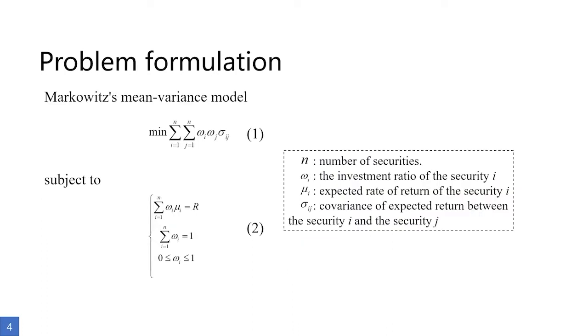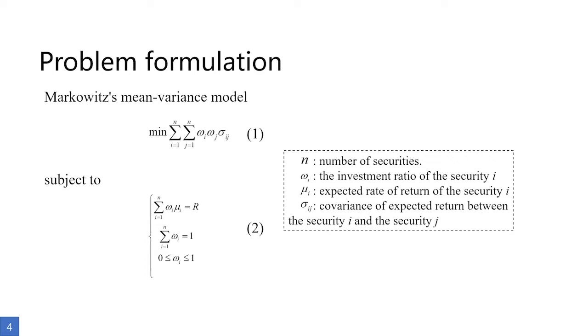Here is the mean variance model. The objective function of the portfolio optimization problem is presented in equation 1 and is subject to equation 2. The goal of the mean variance model is to minimize investment risk under a certain expected return.